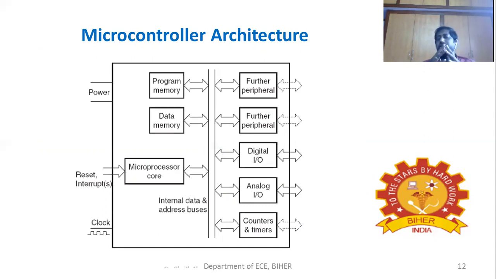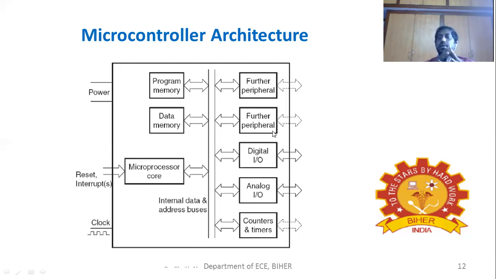And then the microcontroller communicates with the external world through peripheral devices. These peripheral devices are allocated, and it supports analog input output as well as digital input output. Along with this, fundamental features such as counters and timers are also integrated within the chip.